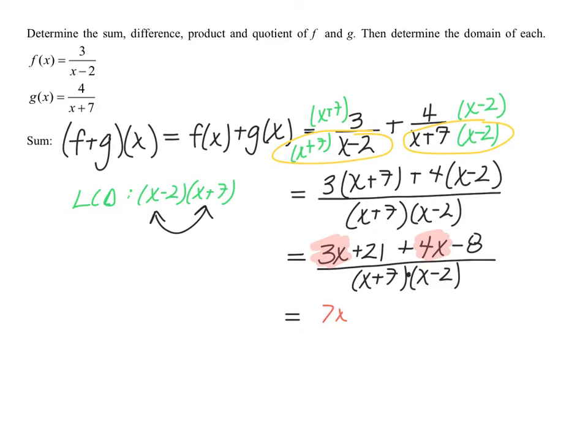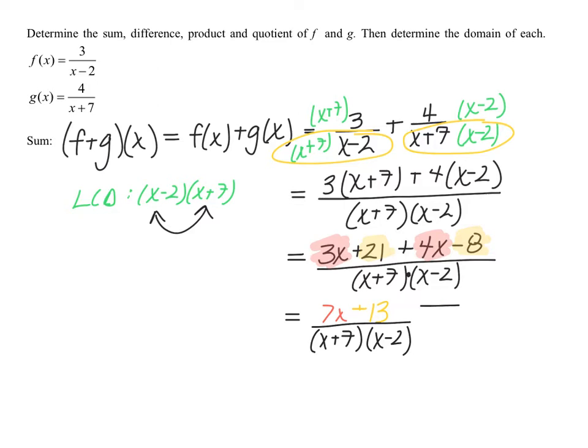And we also have a 21 minus 8, which is positive 13. So we would end up with 7x plus 13 in the numerator, and that is all divided by x plus 7 times x minus 2 in the denominator.